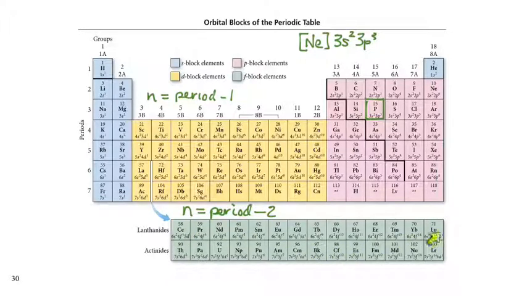But this would be 4f, then we come back, finish out 5d, 6p, 7s, and then 5f, and 6d, and 7p. And so that weird filling order is in the periodic table.